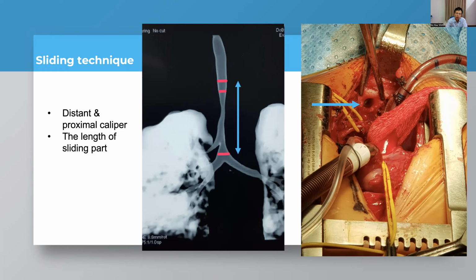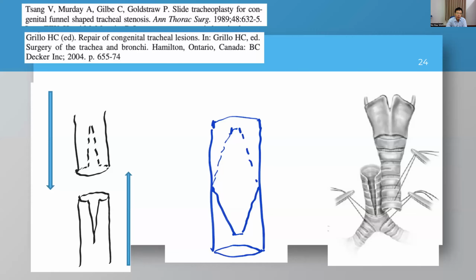But first and most important, we define where the stenotic part is, as in the image. We know that Sang and Grillo are very famous for this technique. Sang was the first to publish about the technique, and Grillo also has several publications about it.